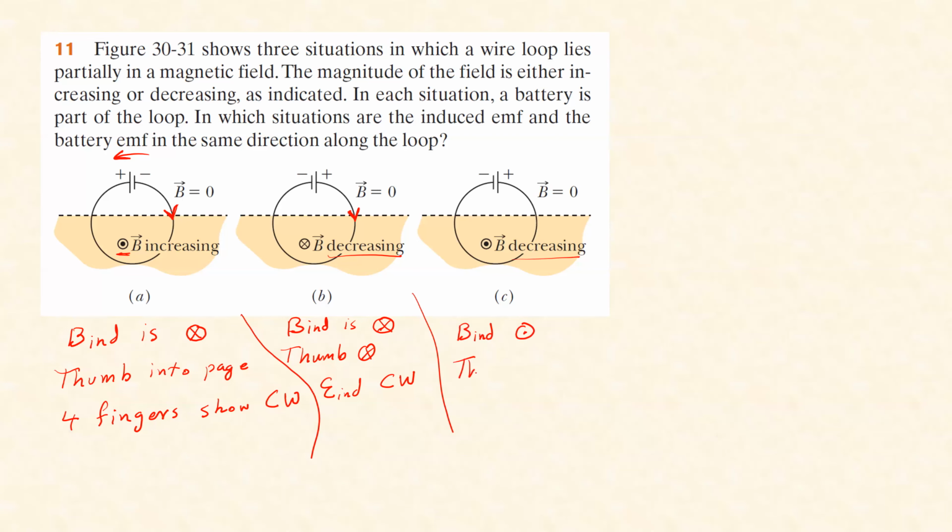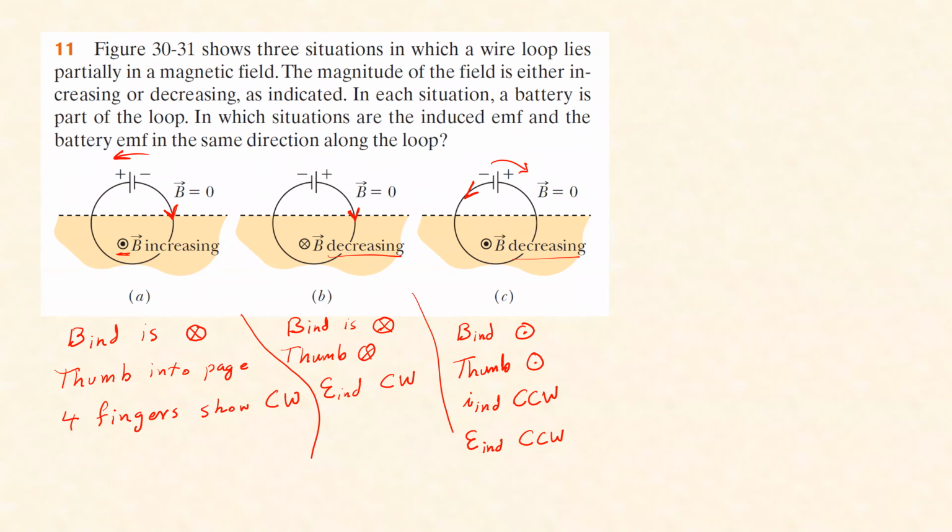Your thumb out of the page, your four fingers show counterclockwise. So I induced is counterclockwise, and also E induced is counterclockwise. And the battery is clockwise, so they oppose each other. Make sense?